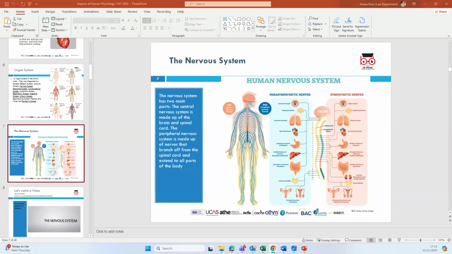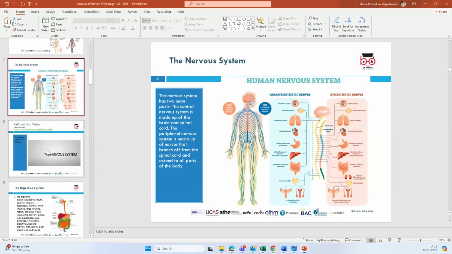It's divided into the central nervous system and the peripheral nervous system. And this is where they process the information and send the information through, maybe the brain, it could be the spinal cord, it could be the nerves. So the nervous system is a really important part of your body.